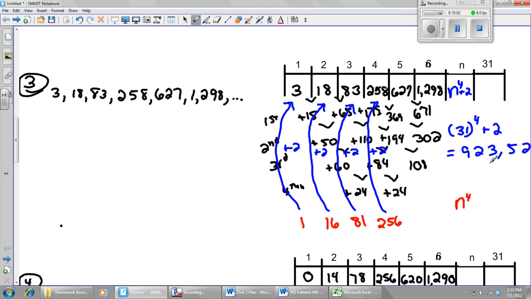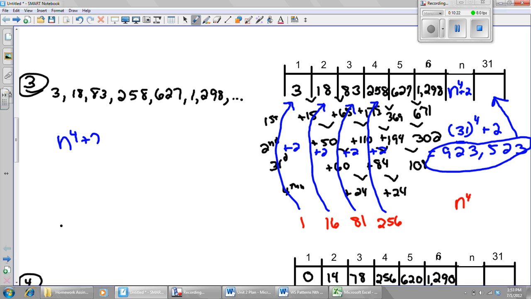Oops, didn't quite make it on the page. Let me shift it over and put a 3 on there. This is the answer right there. Okay, 923,523. This was n to the fourth plus 2.